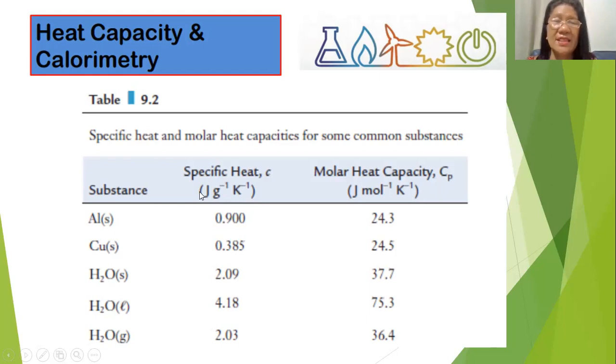Specific heat has units of joule per gram degree Kelvin, or centigrade, they are the same. The molar heat capacity is joule per mole degree Kelvin.